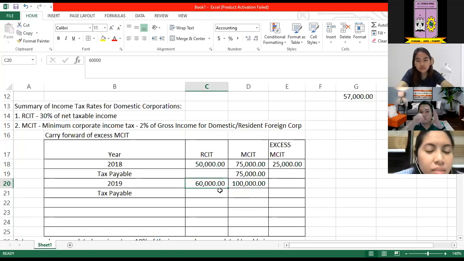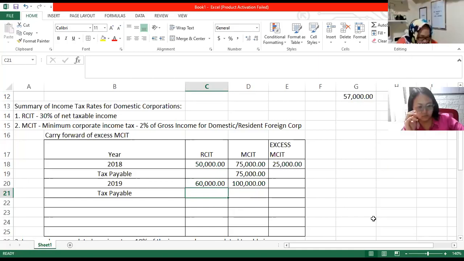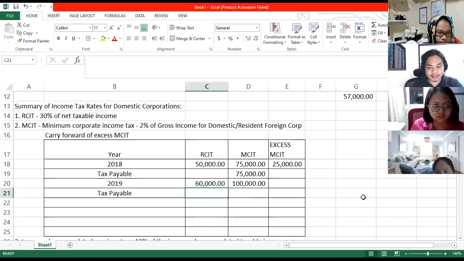Bakit 40,000? Tax payable, yung question. So, ano yung tax payable natin into 2019?